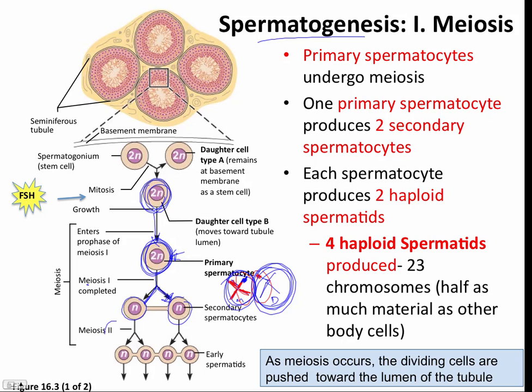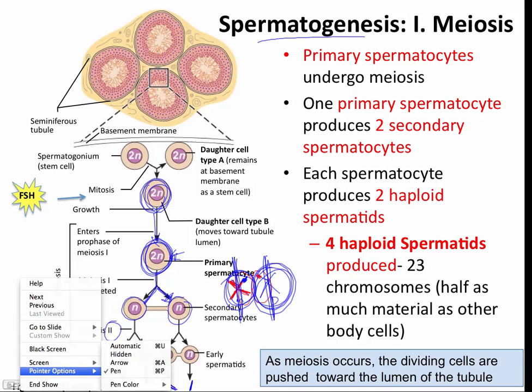Now, in the second phase, meiosis 2, what are we going to do? We're going to cut this in half. We don't want to give both copies from mom to our offspring, nor do we want to give both copies from dad to our offspring. So in meiosis 2, this is that chromosome.